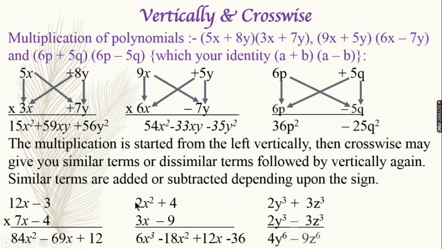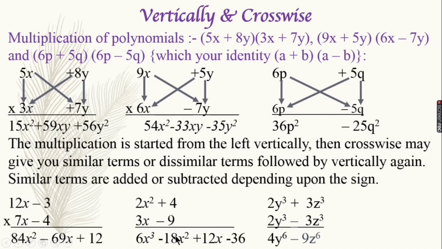The next example, 2x square plus 4 into 3x minus 9. So 2 into 3 is 6, and x square into x is x cube. Then we cross multiply. 9 into 2 is 18, and plus minus is minus. So minus 18x square cross. And this other cross value gives us plus 12x.